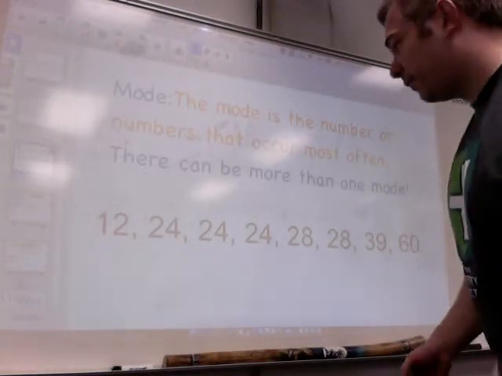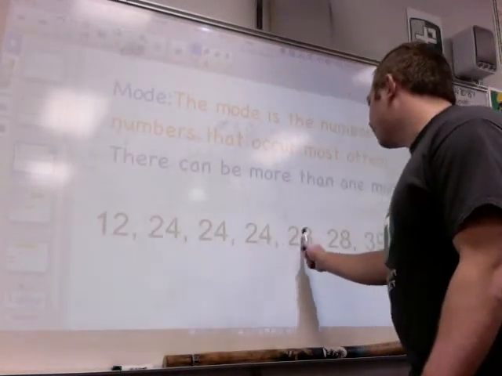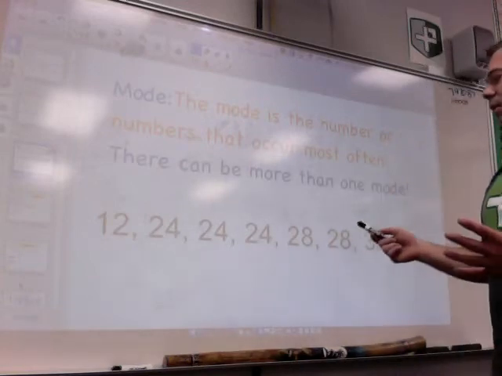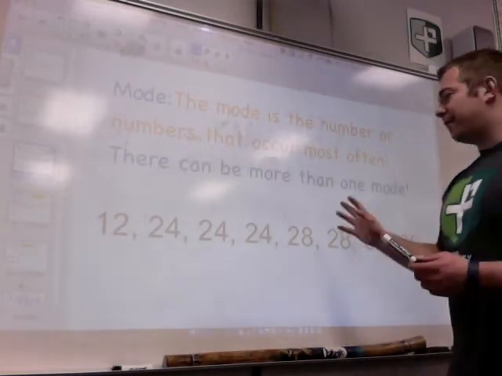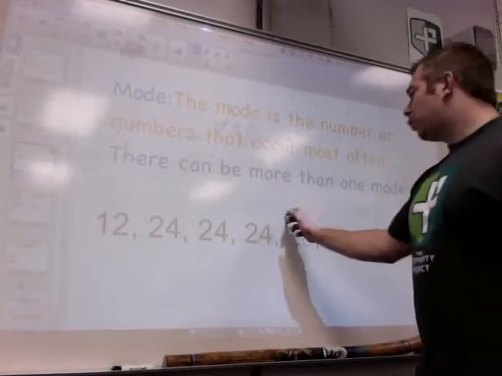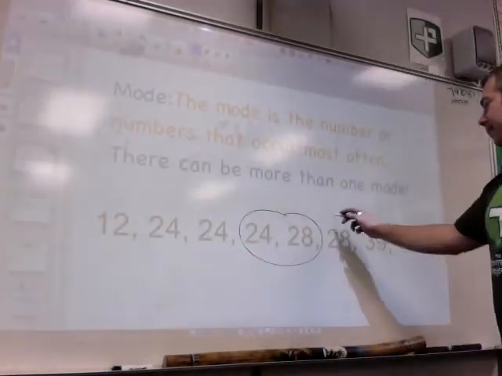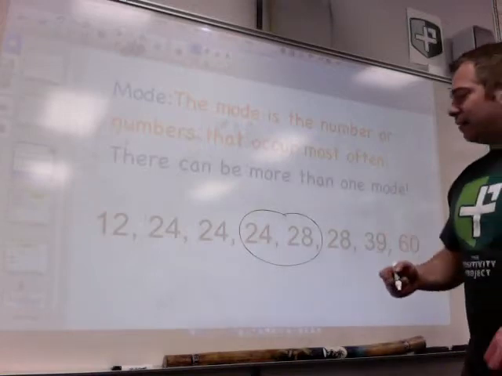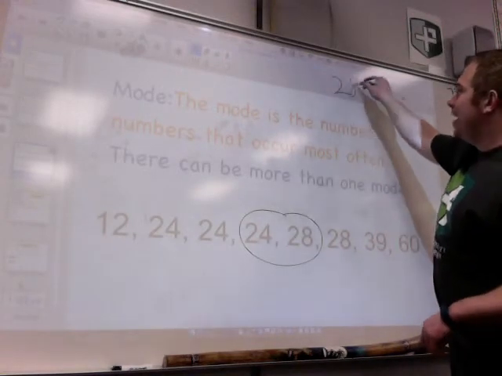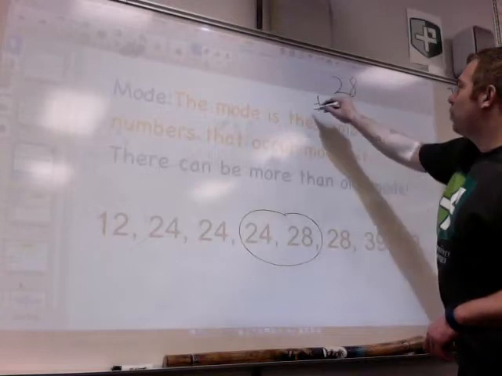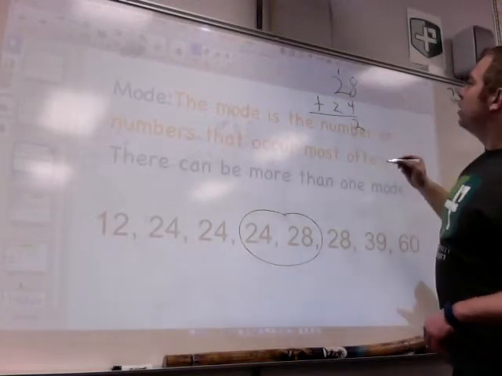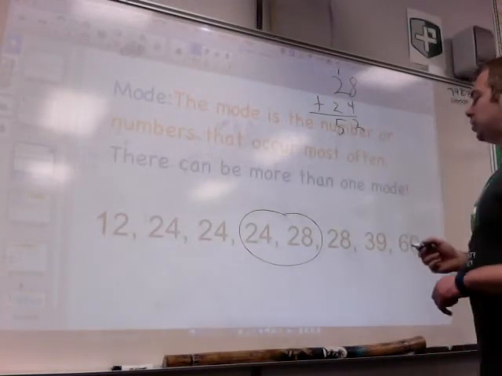Now back to the median. Let's just find the median just for fun here. I have 1, 2, 3, 4, 5, 6, 7, 8 numbers. Uh-oh. That means I'm going to have 2 numbers in the middle. So 24 and 28 are in my middle because I have 3 numbers on this side, 3 on that side. To find the median, I would do 28 plus 24. You get 52.